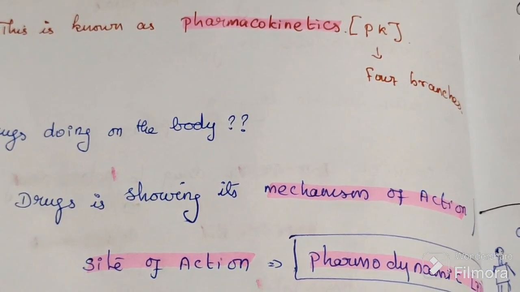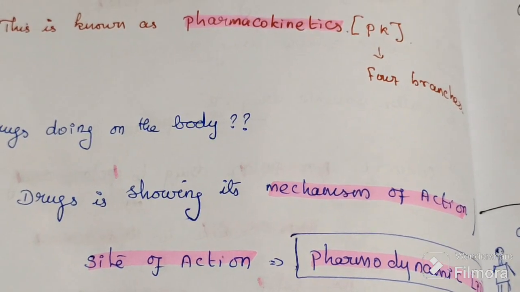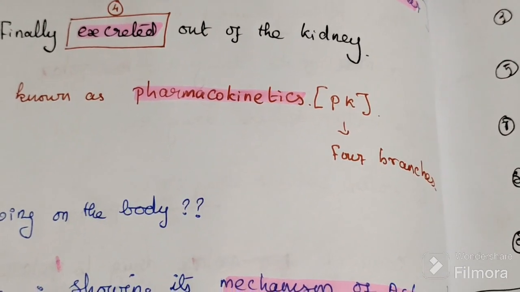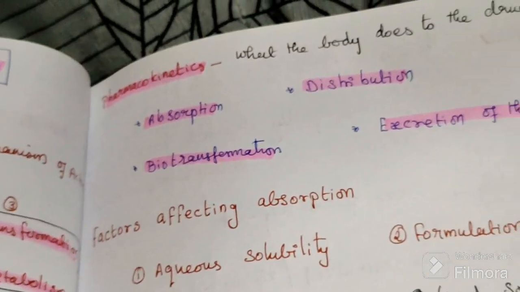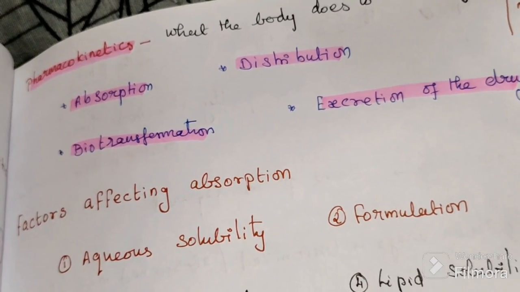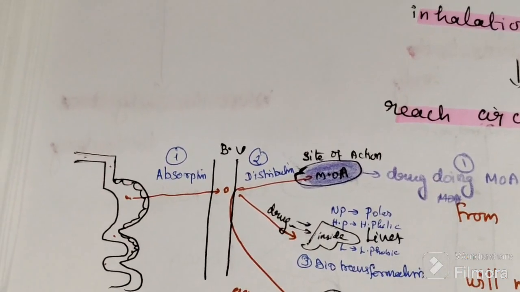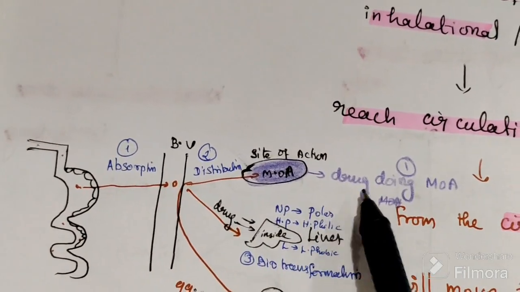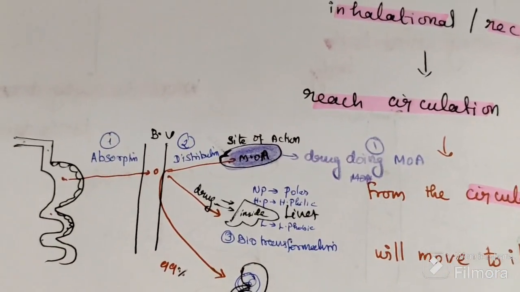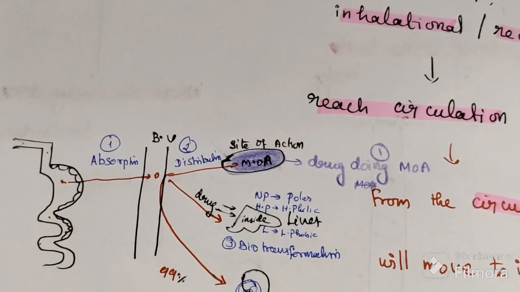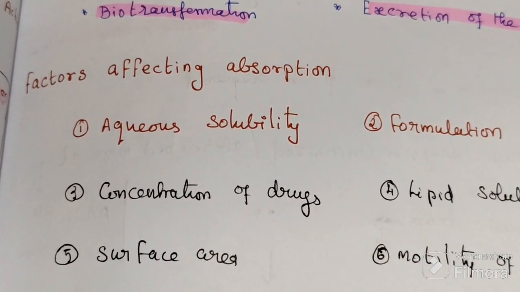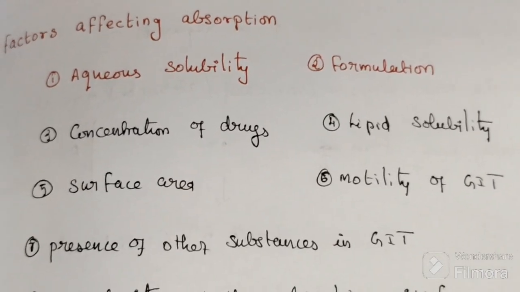PD has only one part, the mechanism of action, but PK has four things: absorption, distribution, biotransformation and excretion. So here the drug does only one thing, the mechanism of action. This is called PD, pharmacodynamics.